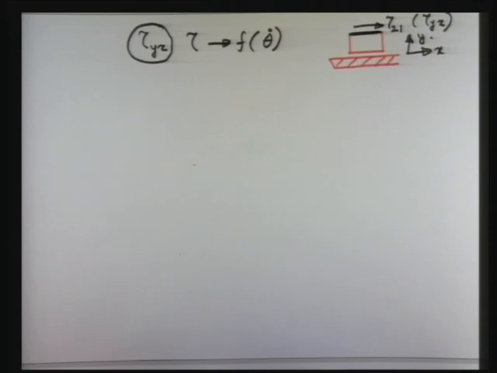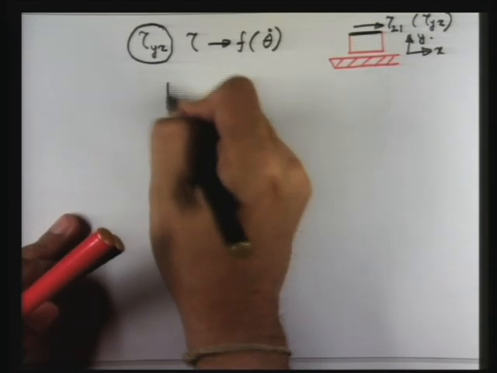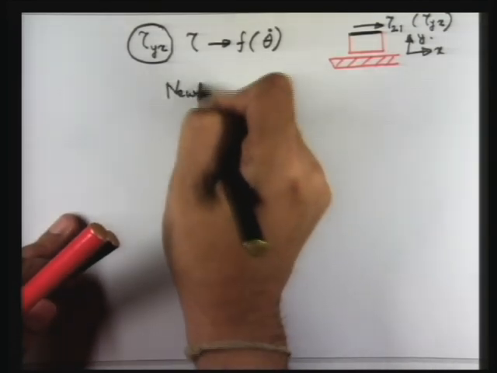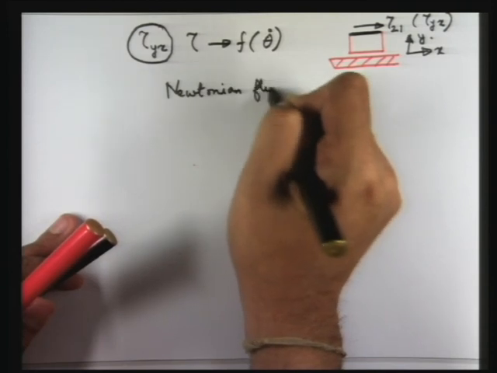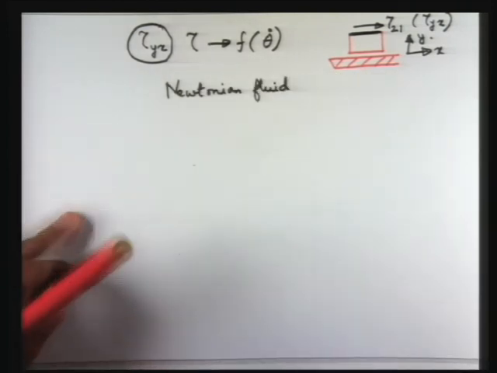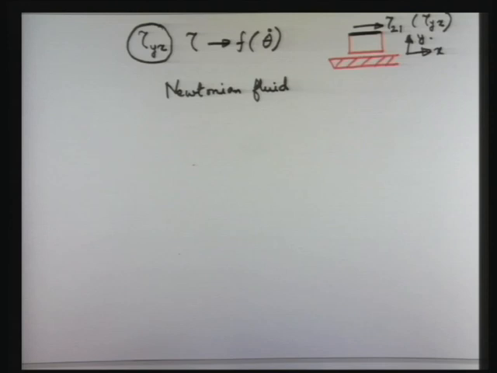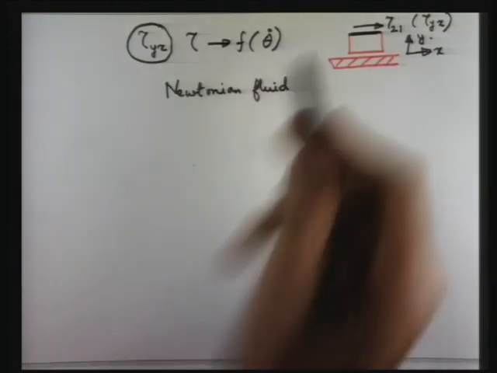There are certain types of fluid for which this functional dependence is linear, and that type of fluid is called a Newtonian fluid. For a Newtonian fluid, the functional dependence is linear.